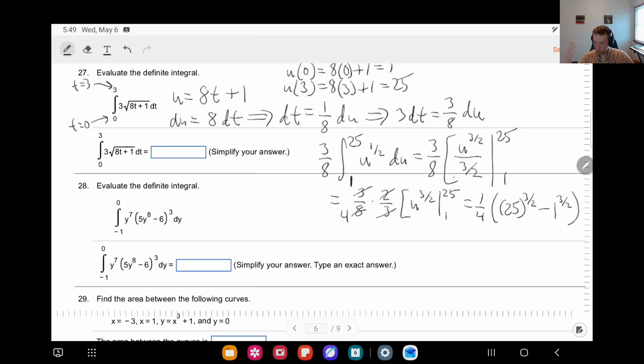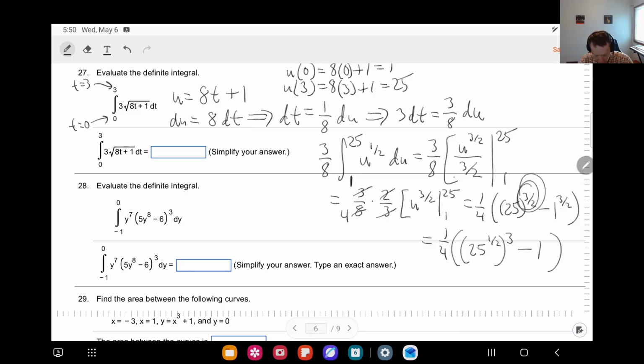1 to the 3/2 is just 1. So nothing to do there really. But this 25 part, well, think of it as like this. You do the 1/2 first. 25 to the 1/2 to the third minus 1. So why did I do that? Well, by exponent rules, when you have a power to a power, you multiply those.